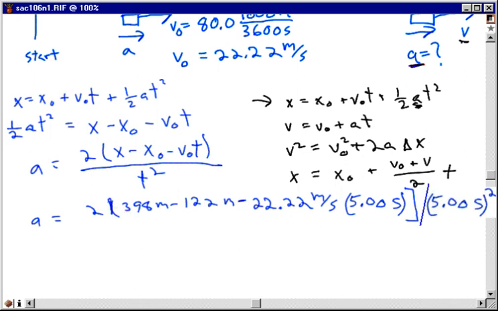I'm going to make that into a bracket. There we go. And that evaluates to 13.19 meters per second squared.